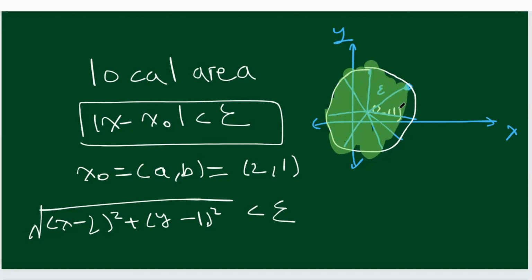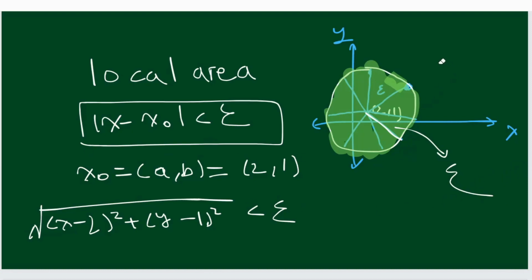Any point inside the circle will have a distance from (2, 1) smaller than epsilon, because (2, 1) to any point inside the circle is not going to reach the radius yet. And by the way, what is the radius of the circle? Well, the radius is just epsilon. So that's why epsilon can also be called the radius of the local area.